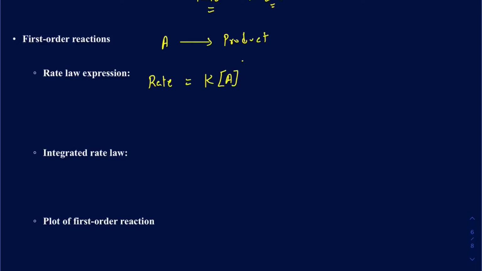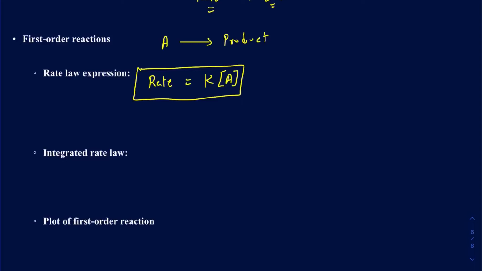So I don't necessarily have to write down 1 here. When you don't write down anything here, that means it's going to be 1. So now this is a first order reaction with respect to A, and that also makes this overall a first order reaction. So you want to be able to identify how the rate law expression is going to look for a first order, second order, and a zero order reaction.